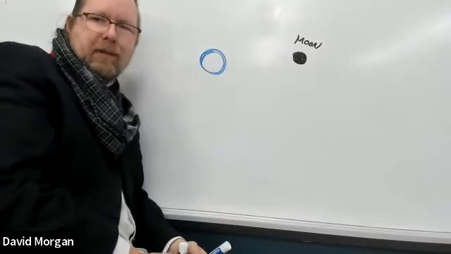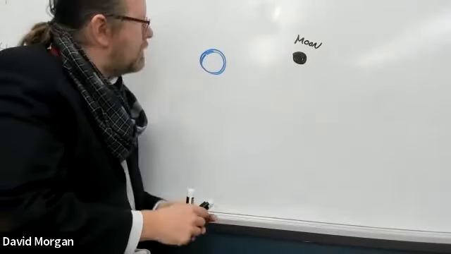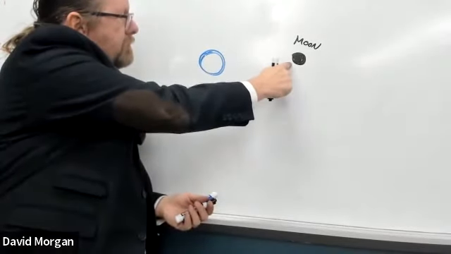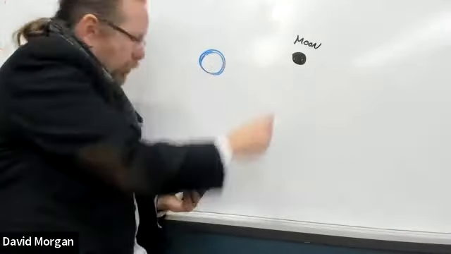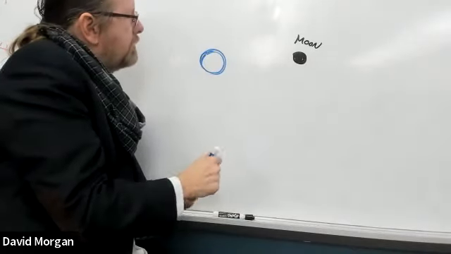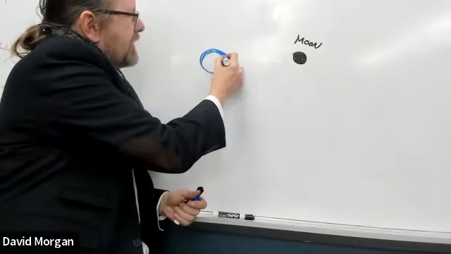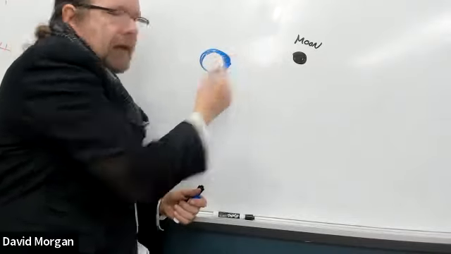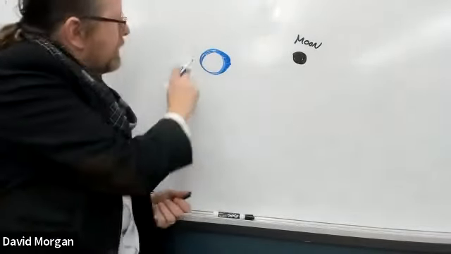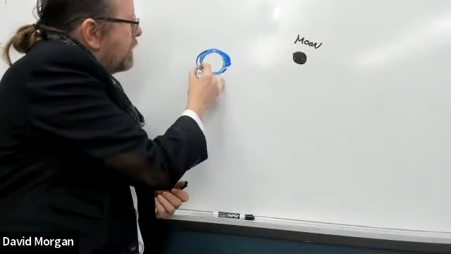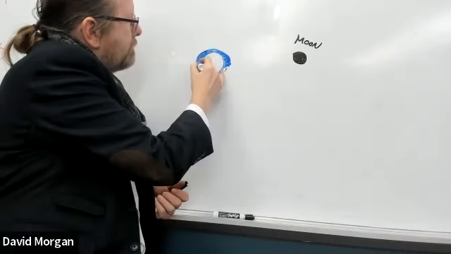Maybe if I get far away from the camera. This side of the Earth is pulled stronger towards the moon, so the water kind of bunches up on this side. This is, again, a bit of an exaggeration, but I have to exaggerate it in order for you to see it. This side of the Earth is being pulled stronger to the moon than the water, so the water bunches up on that side.